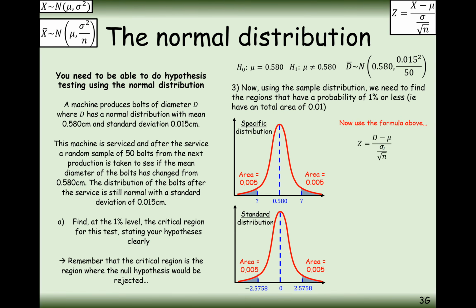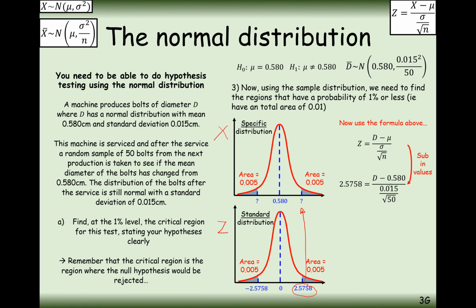And then when we convert back from 2.5758 back to this value here, we're going to use this conversion here. So the Z value in this case, this is the Z distribution, this is the X distribution, 2.5758 will be on the left. The d value we don't know, but we do know the mean and we do know the sample standard deviation. Got there in the end.